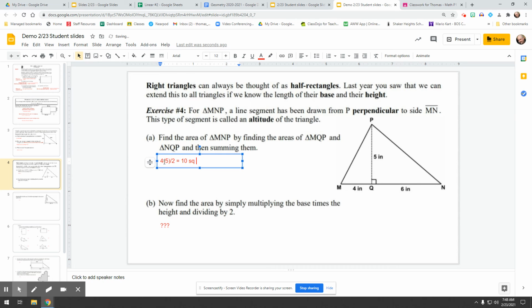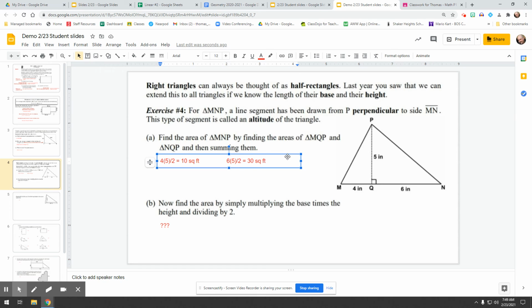That's 10 square feet. And the other one, again, base times height divided by 2. 6 times 5 divided by 2. And that gives us a total area of 30. Again, area is always in square feet.